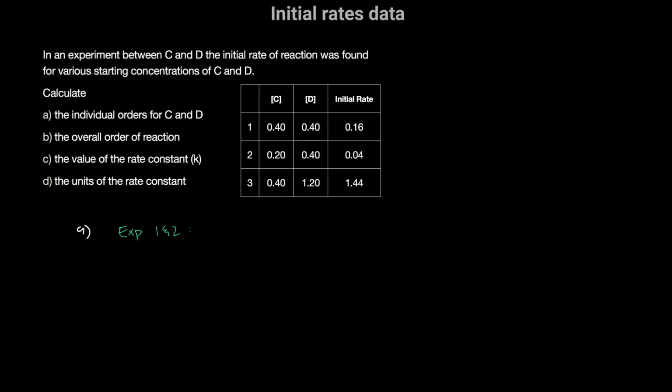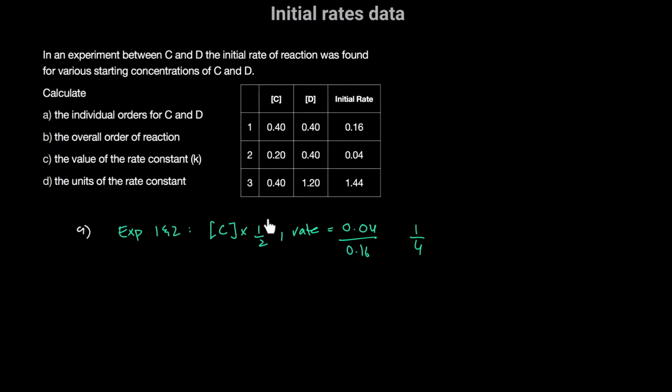If I halve the concentration of C, because I'm going from 0.4 to 0.2, the rate changes by a factor of 0.04 divided by 0.16. So the rate changes by a factor of 1 over 4. So the question here is, again, concentration to what power?